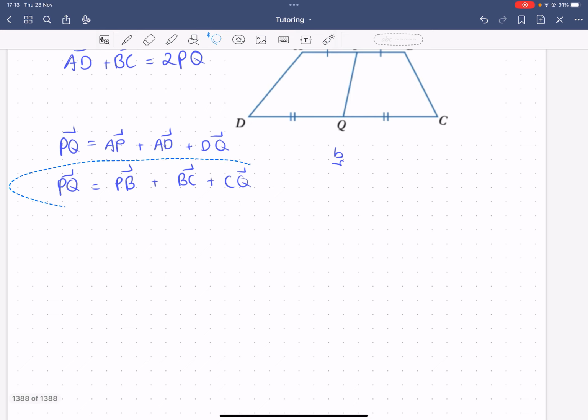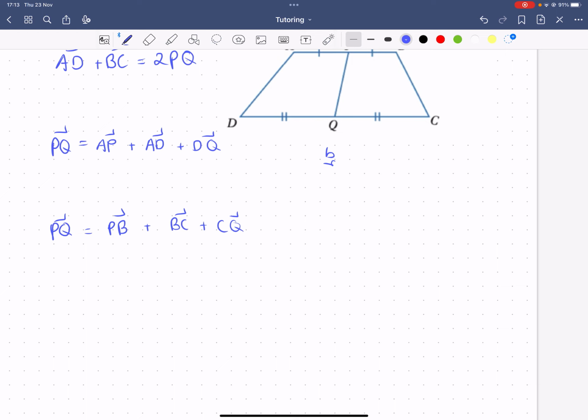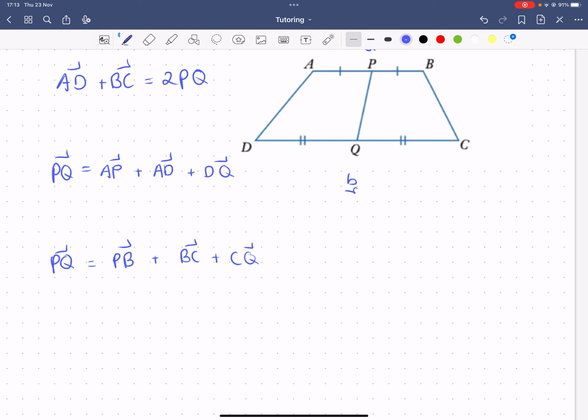Okay, so that's two statements there, and they both are PQ.